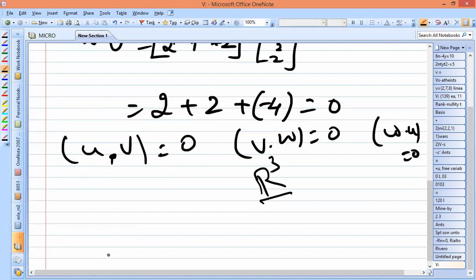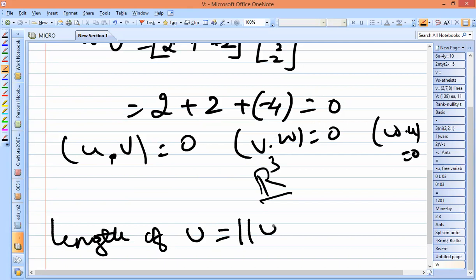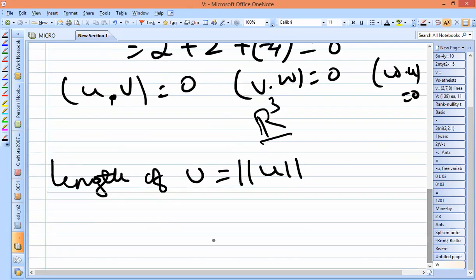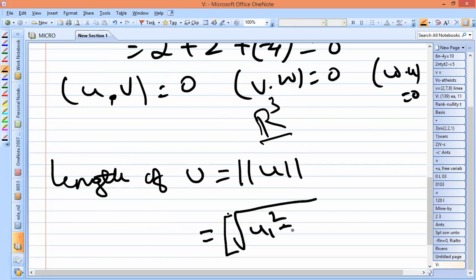Also, you can find the length of the U, V, W vectors. The length of U is obtained as the magnitude of U, calculated as the square root of u1 square plus u2 square plus u3 square.